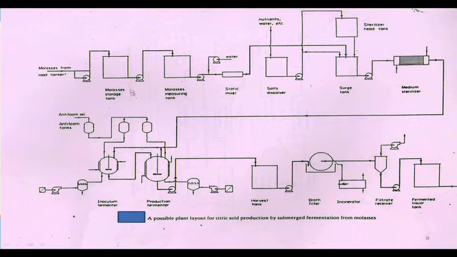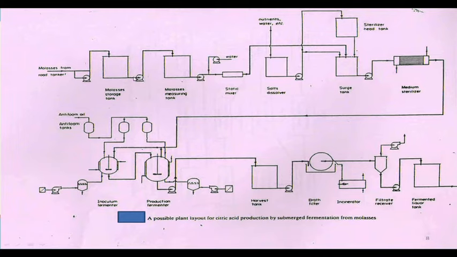citric acid production. Then this molasses measuring tank, what you call MMT, is located in the fermentation plant, and whatever day-to-day requirement is there, we pump to the fermentation plant.